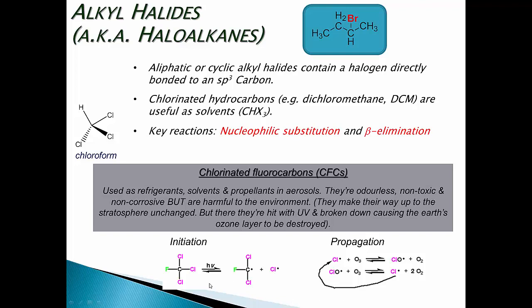For your curiosity, I put in the initiation and propagation steps. We've talked about this last semester, so it should hopefully make some sense to you. We've got our CFC, it's hit by UV light and the chlorine free radical is broken off. The chlorine free radical then attacks an ozone molecule, and then we have this propagation step, and this is what breaks down our ozone layer in the stratosphere.